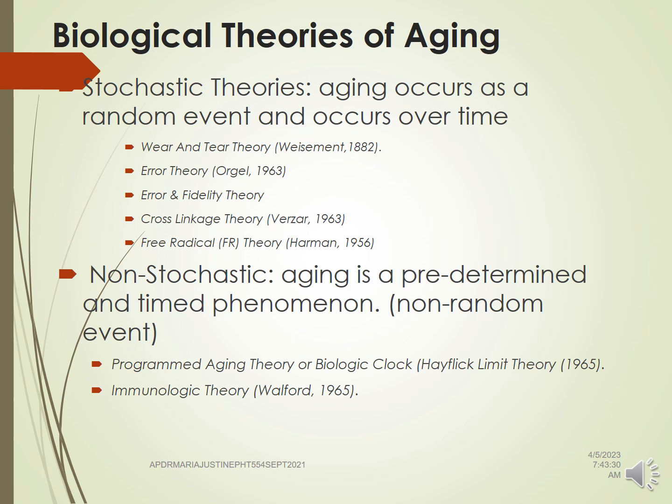It's already predetermined that when you reach a certain age, the physiological systems in the body will start to decline. There are a few non-stochastic theories. These are just some of the examples: the programmed aging theory or biological clock, and then immunologic theory. These two are actually very important for physiotherapy.